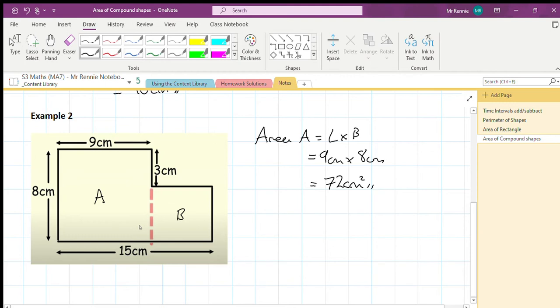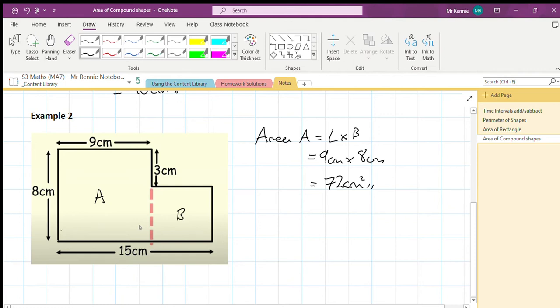I now need to work out rectangle B, but there's a problem here because I don't have all my sizes. For example, I don't know how far it goes across. What I need to do is think about how I can get that. The full shape goes across 15 centimeters. I know that shape A only went across 9, so shape B must be whatever else it takes me up to 15.